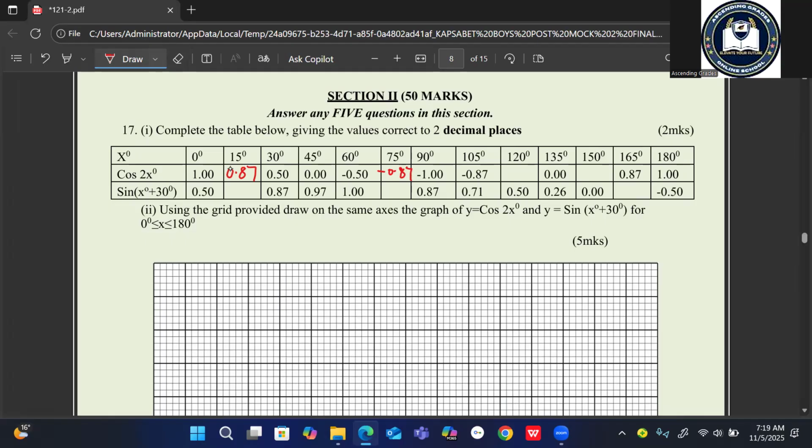The next one is cos 2 times 120 degrees, which will give you negative 0.50. The next one is 150 degrees, so it is cos 2 times 150, which will give you 0.50.